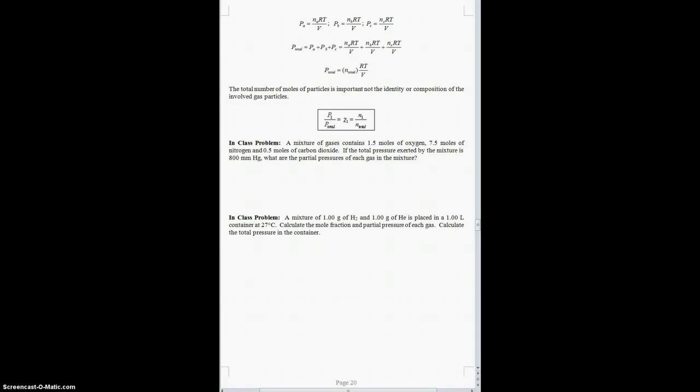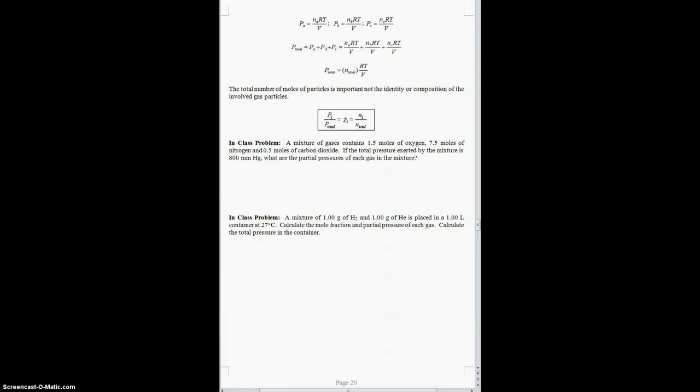Okay, so we had left off at this problem at the bottom of the page. Just to refresh your memory, the first thing we needed to do was find the mole fraction of hydrogen gas and of helium gas. We were given grams of both hydrogen and helium, so we needed to convert into moles of each.